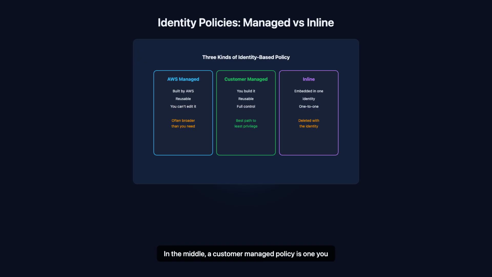In the middle, a customer-managed policy is one you build and control in your own account. It's reusable too, but you tune it exactly to your use case. This is your best path to least privilege. And on the right, an inline policy is embedded directly into a single identity. It's strictly one-to-one, and it's deleted the moment that identity is deleted.